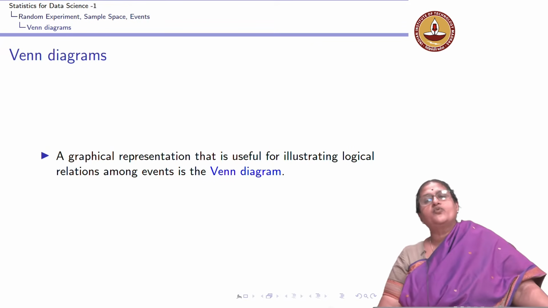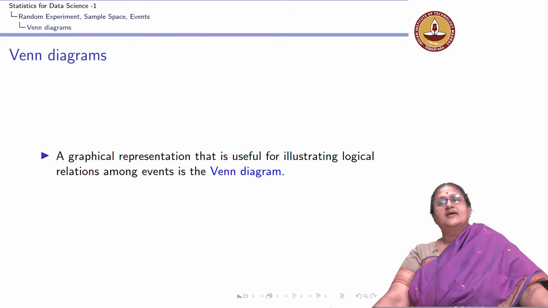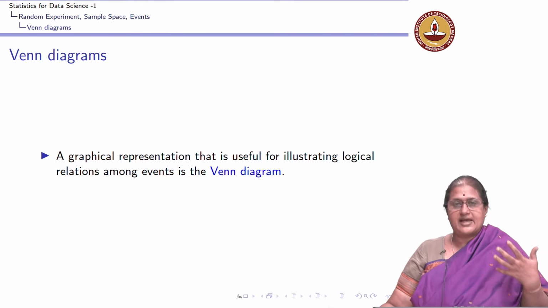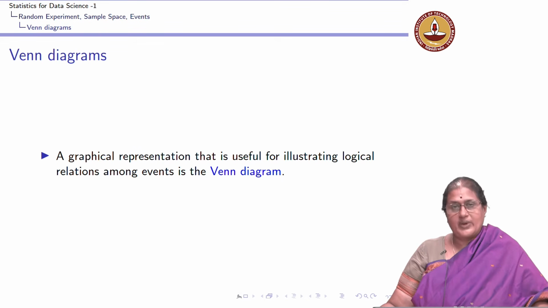So, now we move forward to look at how to represent the events and the sample space in a useful way.